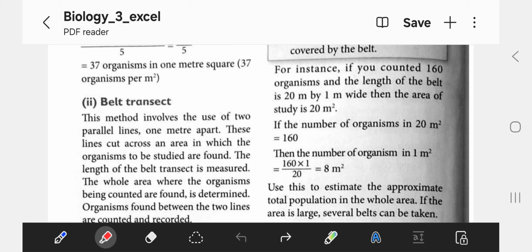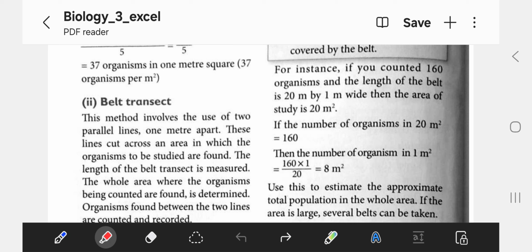I hope I'm making sense. After that, among the organisms that you have captured the second time, you find those organisms that are marked.